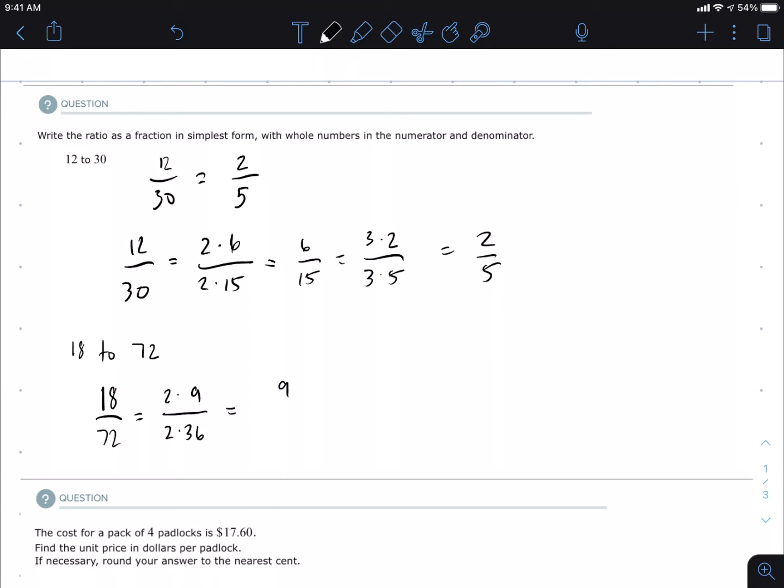So that's going to give me 9 over 36. Here now I know 9 times 1 and 9 times 4. And so my answer should be 1/4. Make sense? Yeah. All right, so there's those ratios.